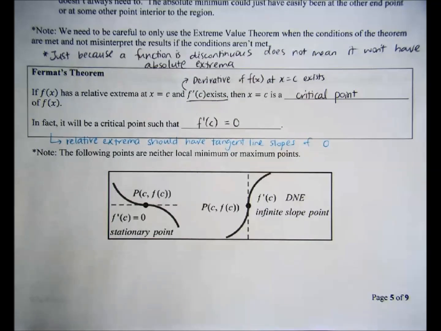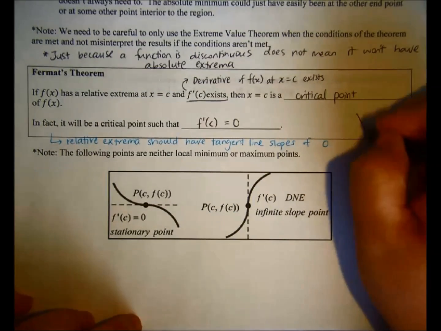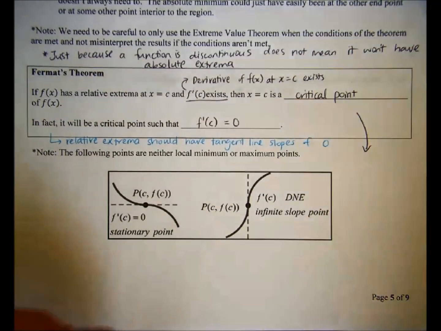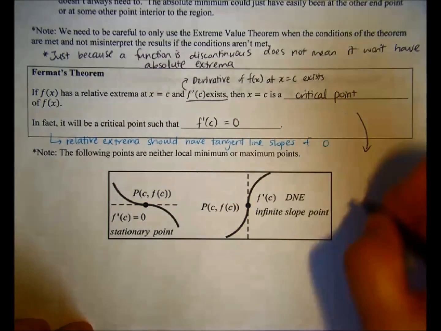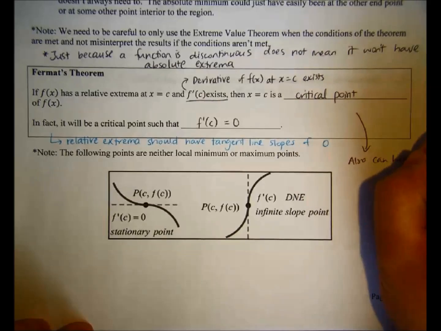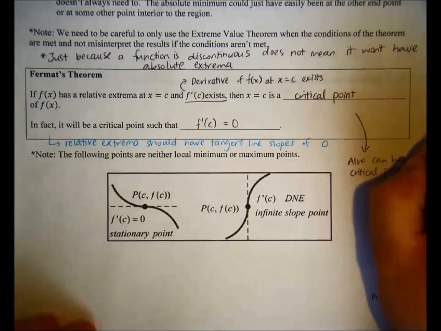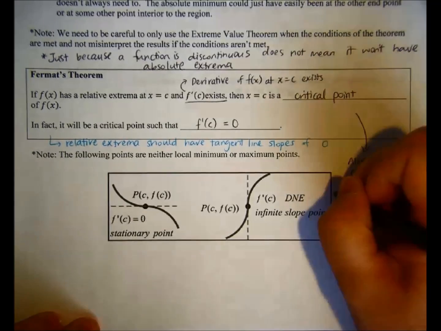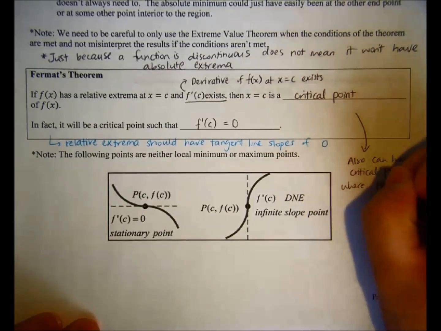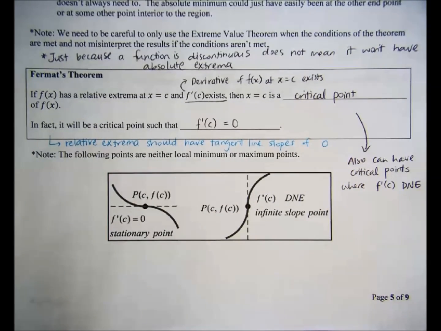Now, a couple of notes about Fermat's theorem. Just note that critical points not only exist where the derivative exists, but they can also exist where f prime of c does not exist.